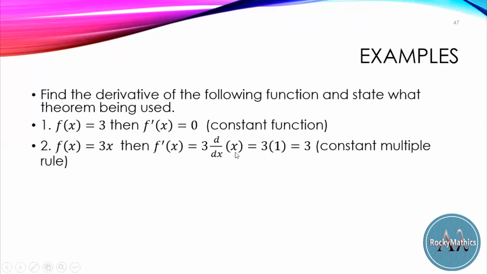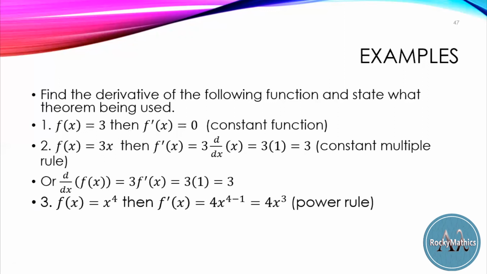The derivative of x is 1, therefore it is equal to 3 times 1, which is equal to 3. This is by applying the constant multiple rule. Or in another notation, the derivative of f of x, where f of x is this, is still equal to 3 times f prime of x. f prime of x is 1, so it is equal to 3 times 1, which is equal to 3.